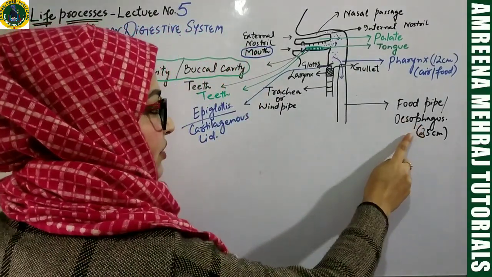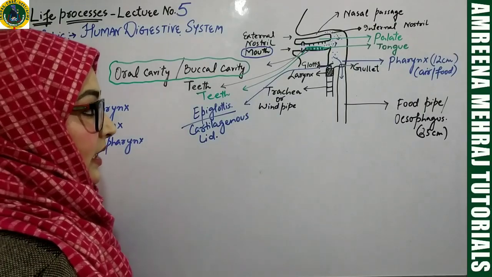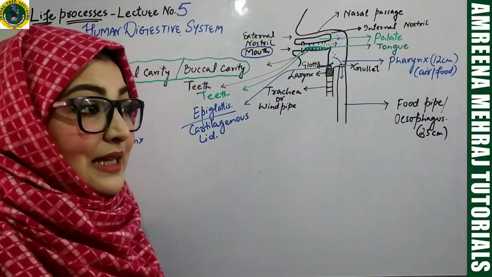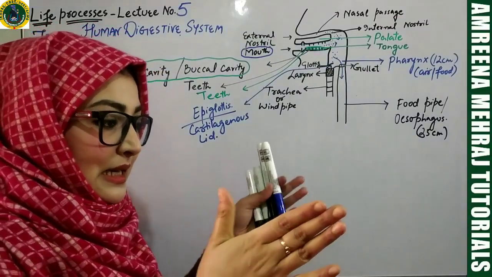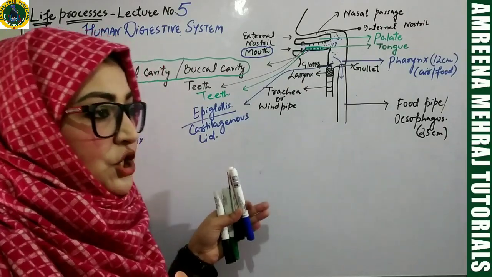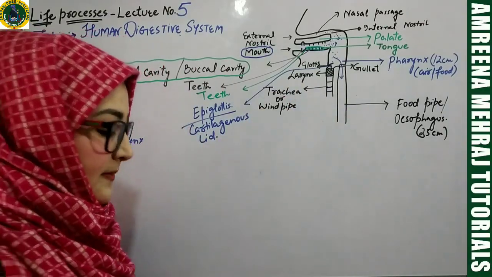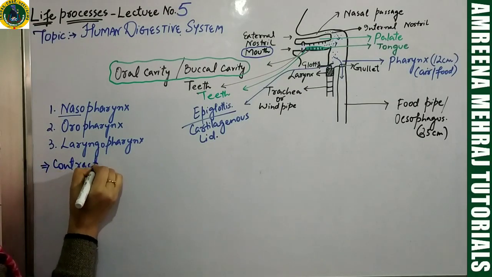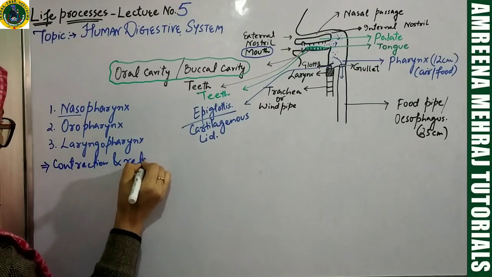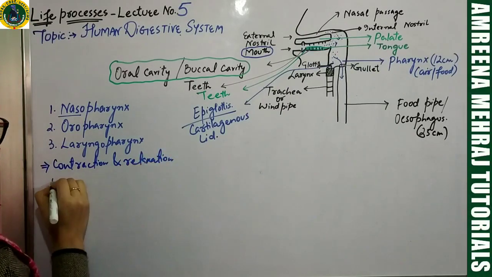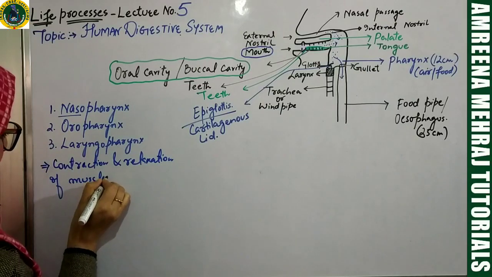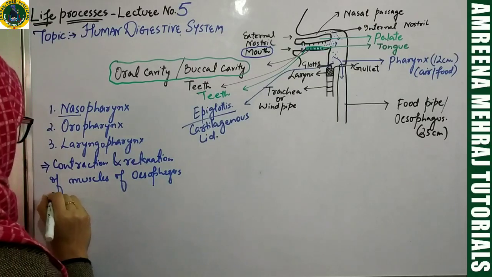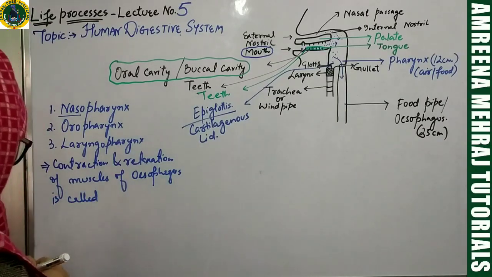Very, very important thing to remember over here is basically the movement of food. The movement of food in the esophagus takes place by the contraction and relaxation of the muscles of the esophagus. That, I'll write down over here: contraction and relaxation of the muscles of the esophagus.